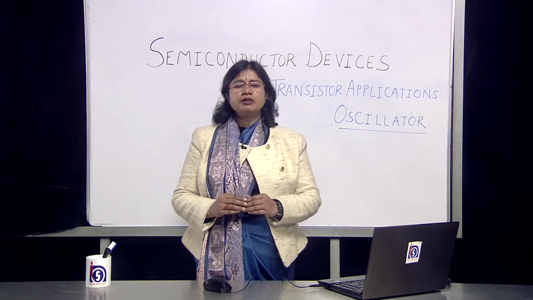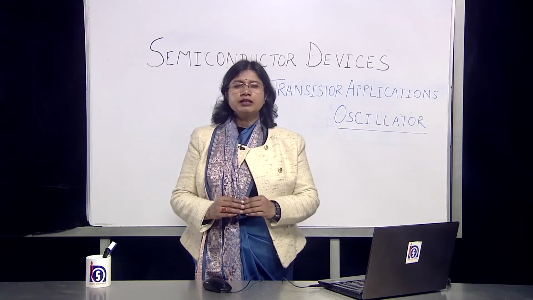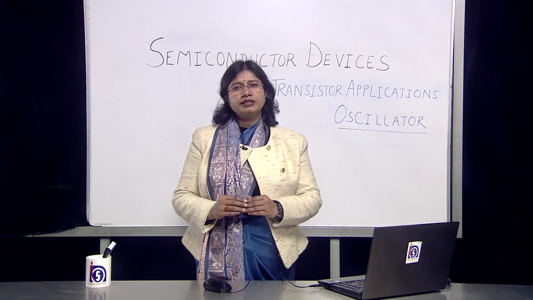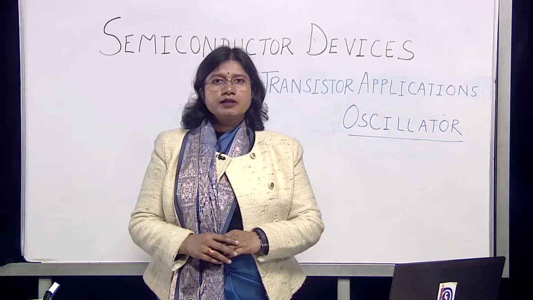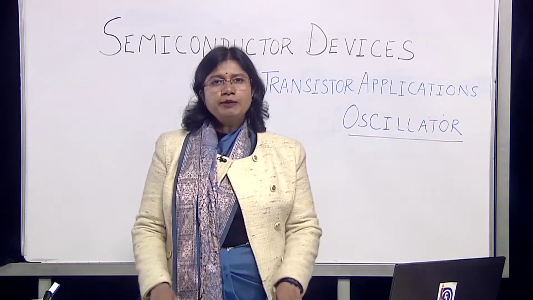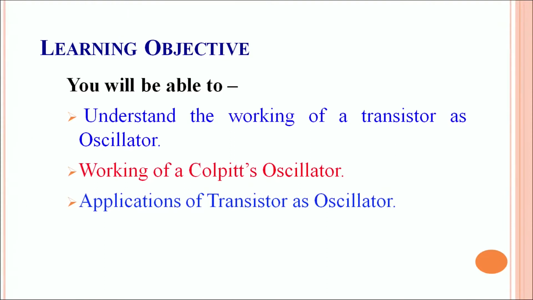So today we will talk about this particular application of the semiconductor devices. In this topic, you will be able to understand the working of a transistor as an oscillator, working of a typical Colpitts oscillator and the applications of transistor as oscillators.